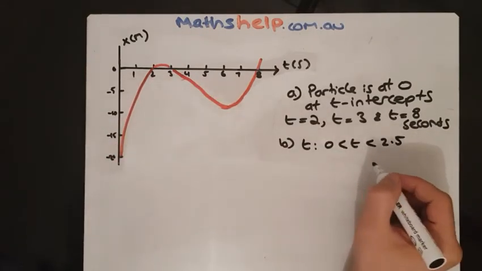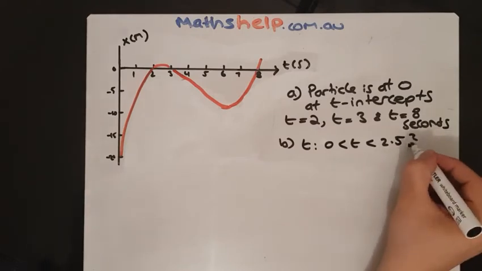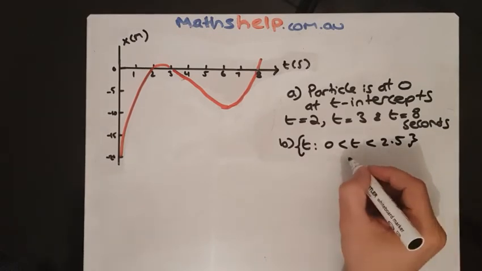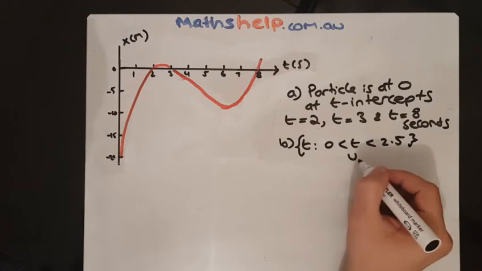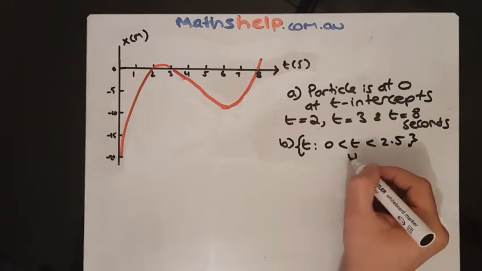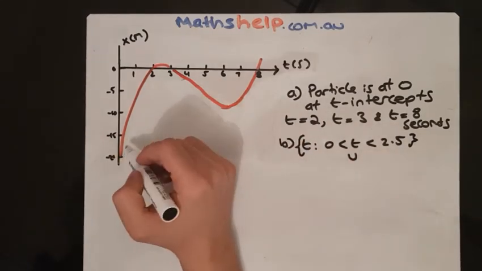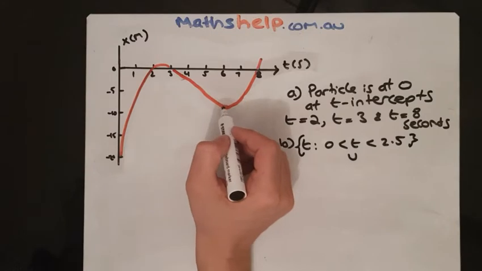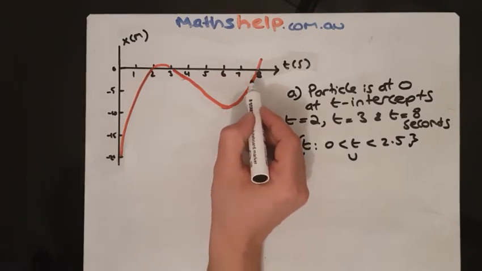We put that in a curly bracket, and then we put a union symbol, which means or as well. So where else is our graph positive? It's positive here, then it gets negative here, then it's 0 there, and then it starts becoming positive.